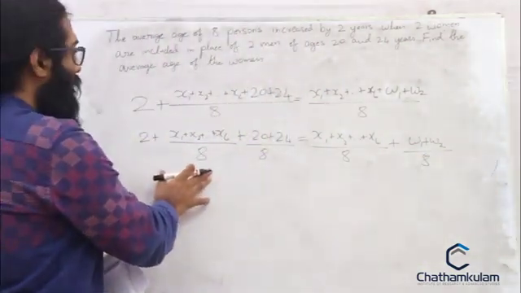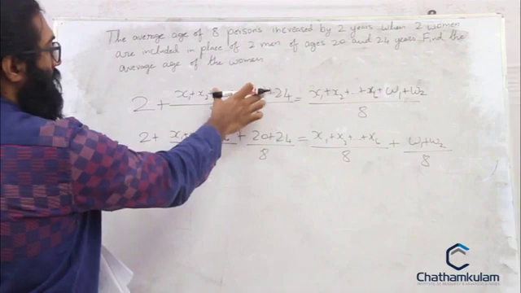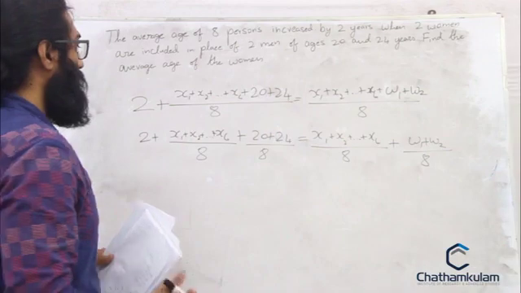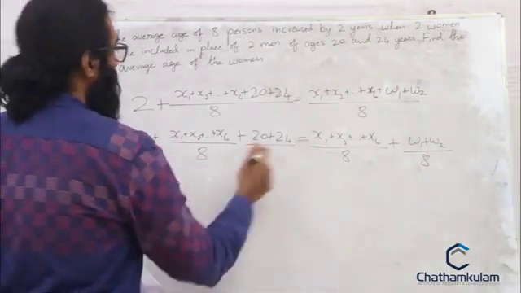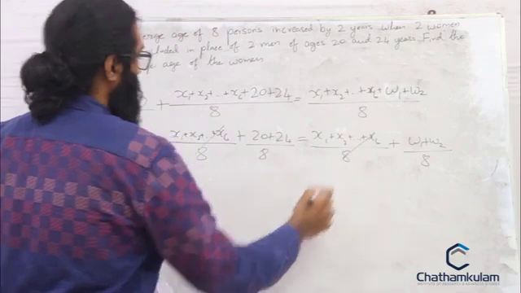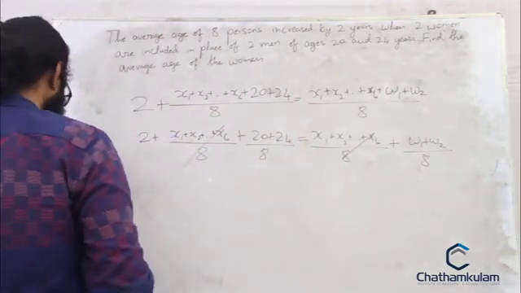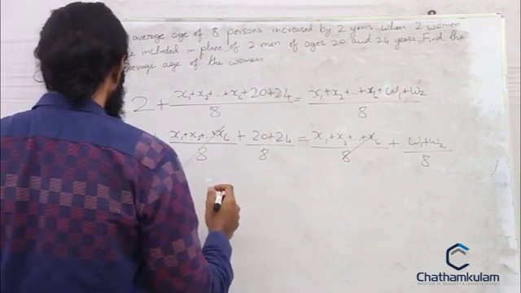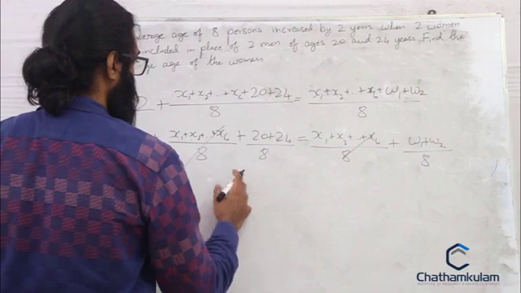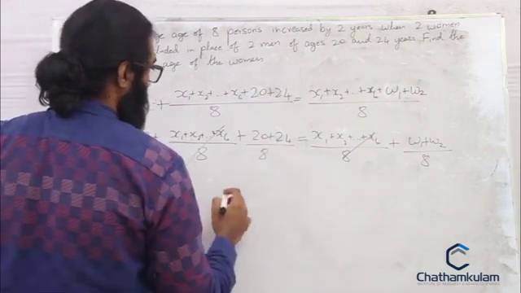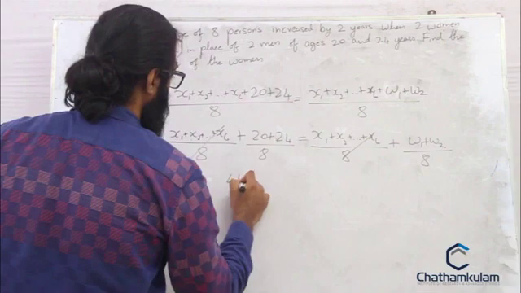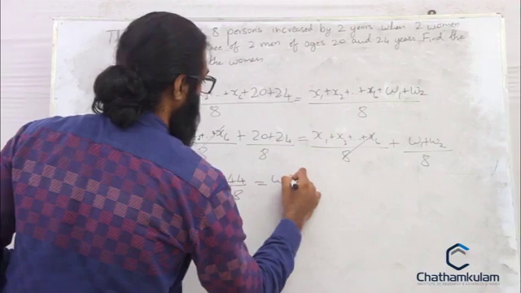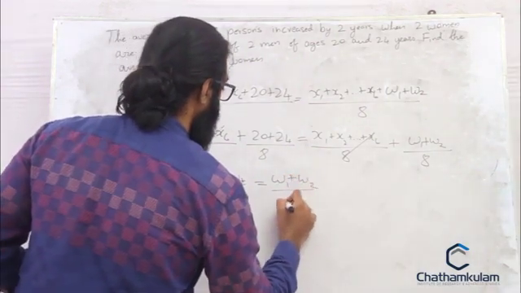Here in the second step, all we did is we split this equation into 2 parts, right? So this and this get cancelled, right? And we solve the equation, that is 20 plus 24 is 44. 44 by 8 plus 2 equals W1 plus W2 by 8, right?